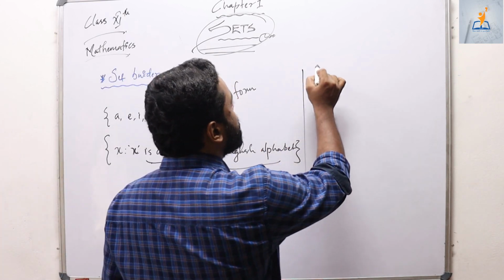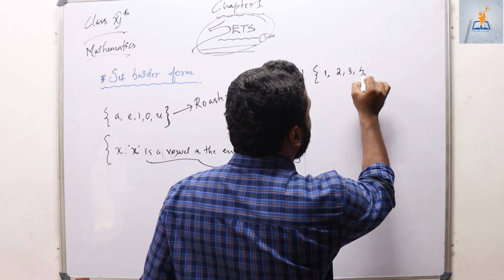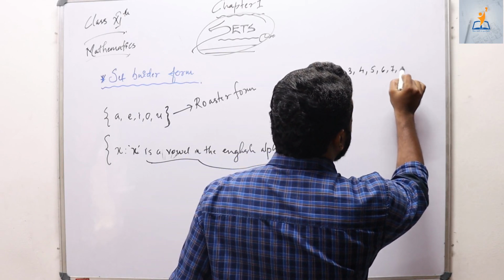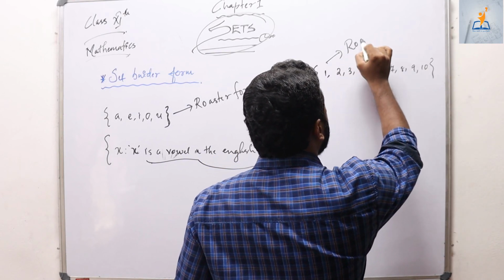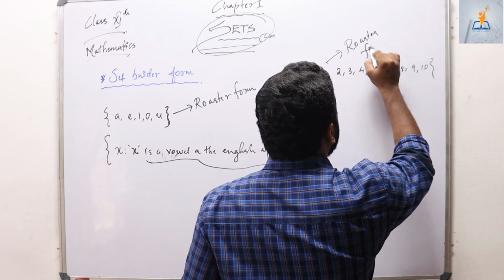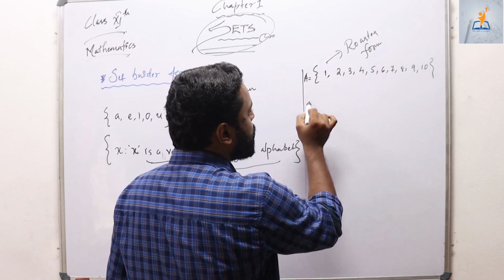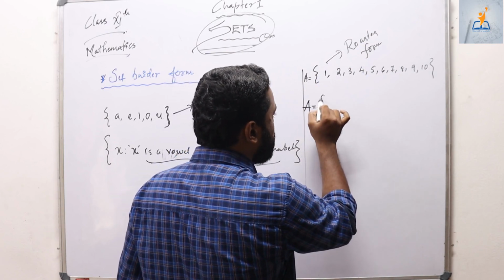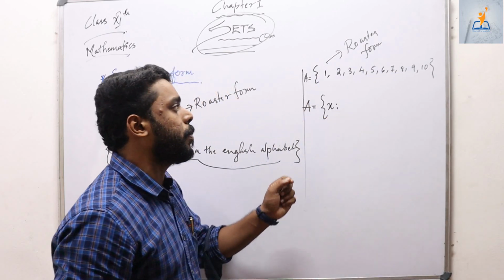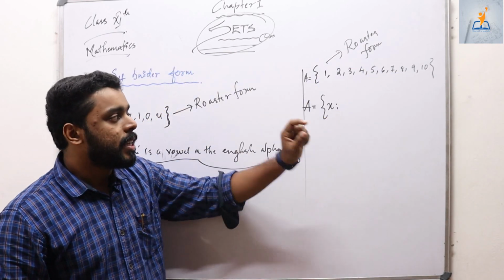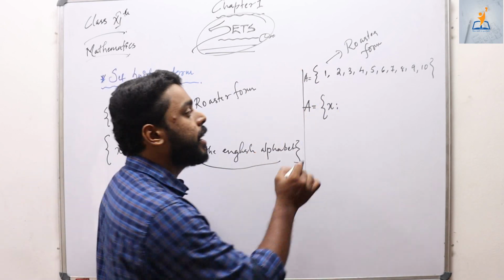Similarly, you know that the set of the first 10 natural numbers is like this: 1, 2, 3, 4, 5, 6, 7, 8, 9, 10. See, this is the roster form, right? Now we can easily represent the same set. Let me name this set as A. The same set A in the set builder form is: set of all x such that, always remember that whenever we are writing in the set builder form, we begin like this: set of all x such that, what is x?